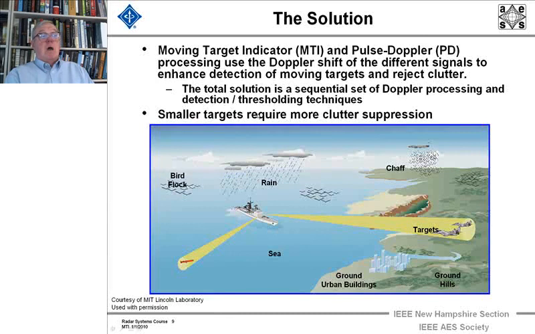And remember, for smaller targets you're going to need more clutter suppression, because you want the ratio of the signal power to the clutter plus noise at the output to be high. If the targets get smaller, you're going to need more clutter suppression. So clutter suppression as well as noise suppression are very important for smaller targets.